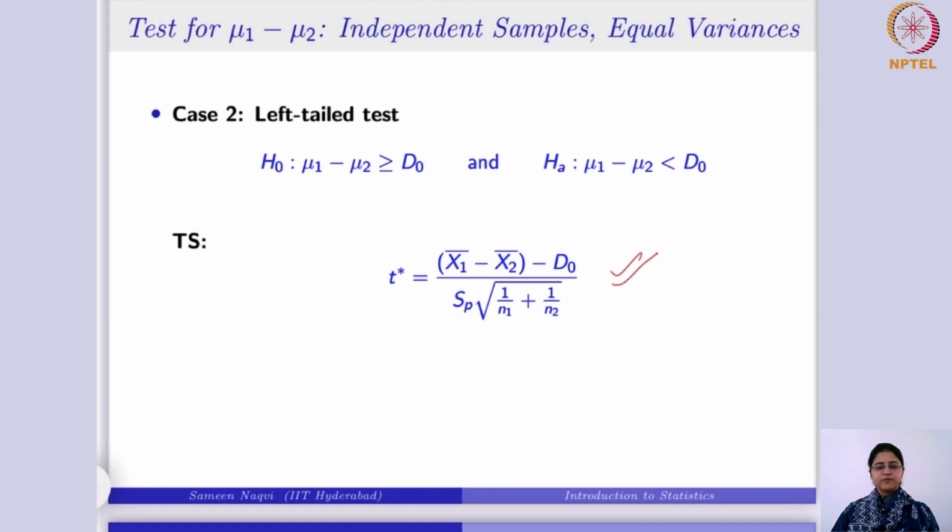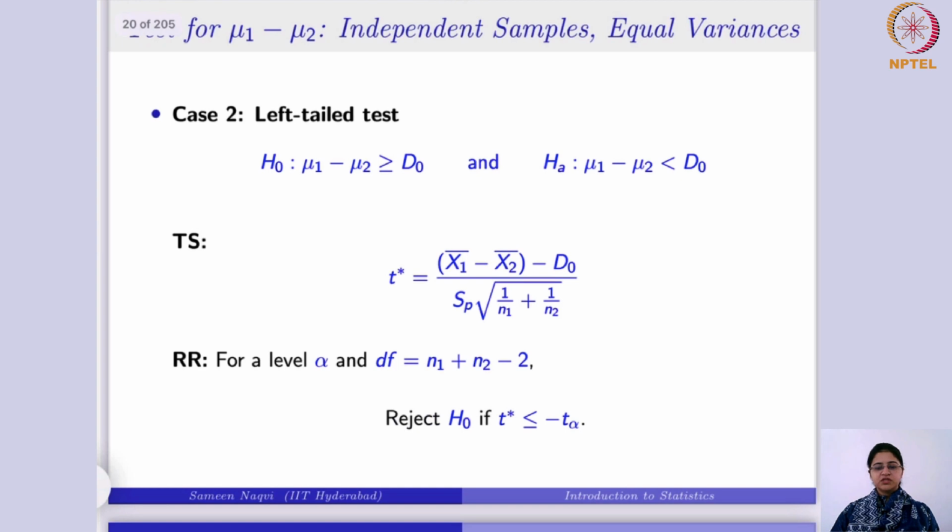So that is uniform for all three. So for a level alpha and degrees of freedom n1 plus n2 minus 2, you are going to reject the null hypothesis if t star, the test statistic, is less than or equal to the critical value. Okay, so it will look like this, then minus t alpha would be here, that is the critical value, and this would be your alpha.